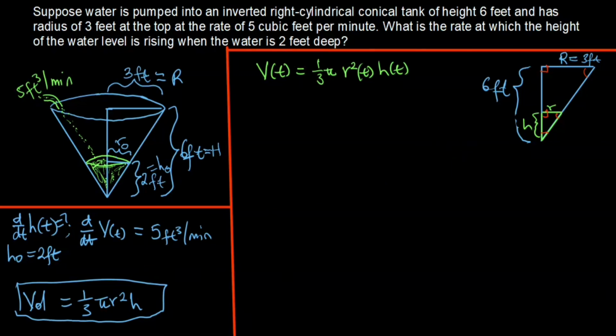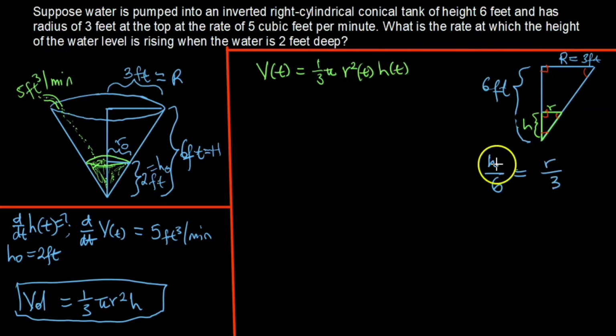Now look at this. For similar triangles, the ratio of the corresponding sides are equal. In other words, the height of the small triangle divided by the height of the large triangle is the same thing as the radius of the small triangle divided by the radius of the large triangle. So we cross multiply, make r the subject, so that we can substitute for r in terms of h.